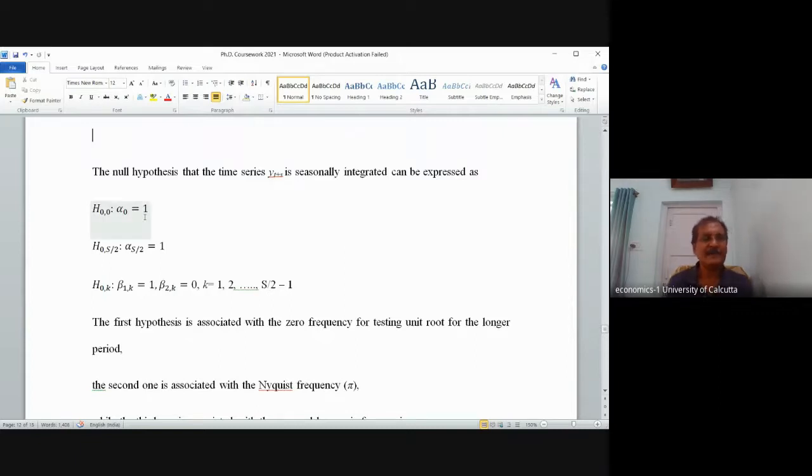And if this null hypothesis is not rejected, it indicates the presence of non-seasonal unit root. Second null hypothesis, H naught S by 2. Alpha S by 2 is equal to 1.